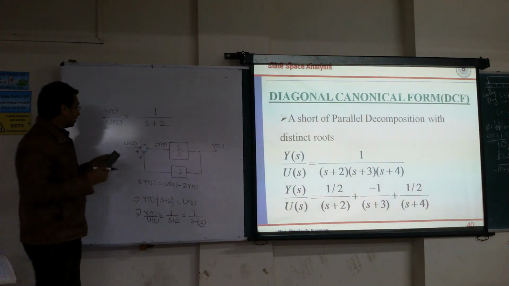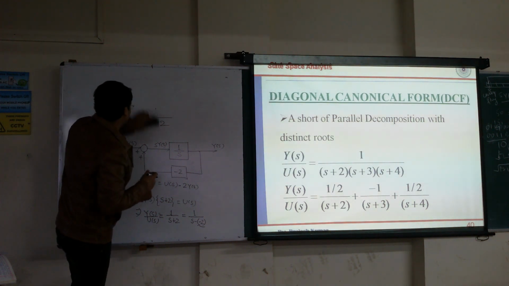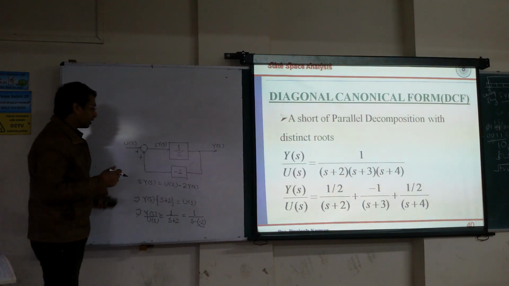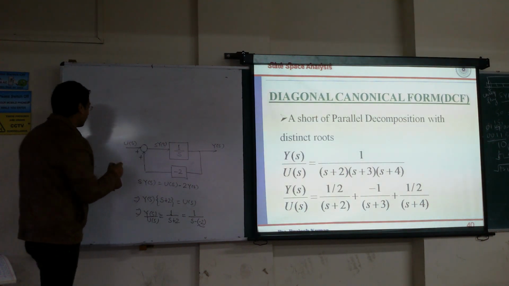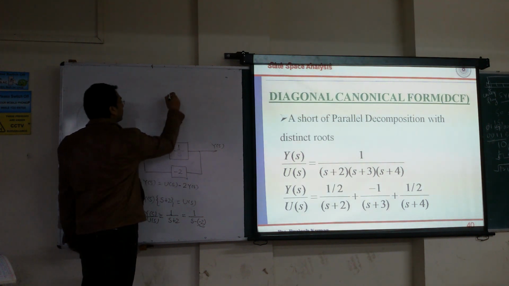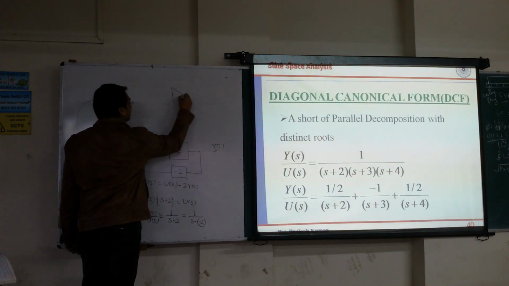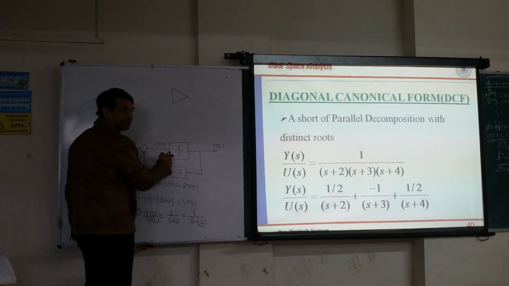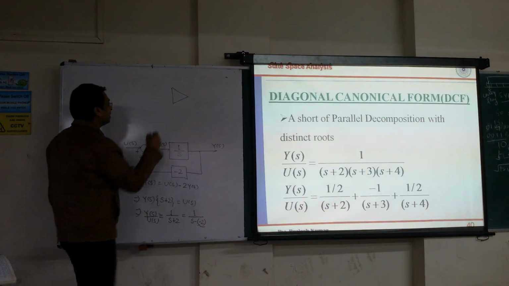Now, we wanted it in time domain. Okay. So what will the equivalent time domain notation be? In equivalent time domain notation, you will take one integrator, meaning 1 by s is the Laplace transform of an integrator.